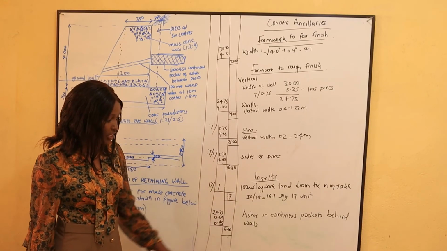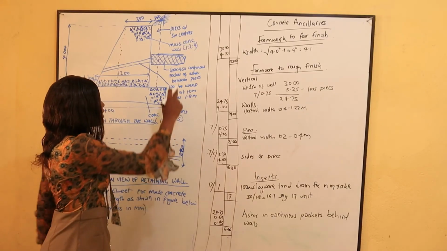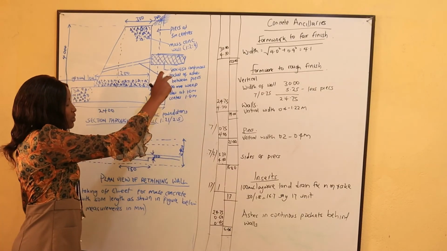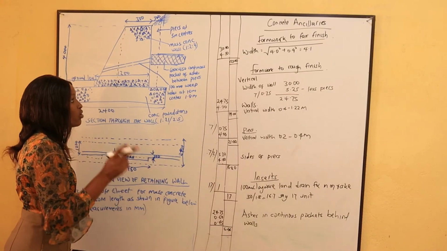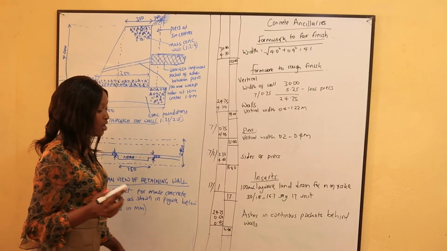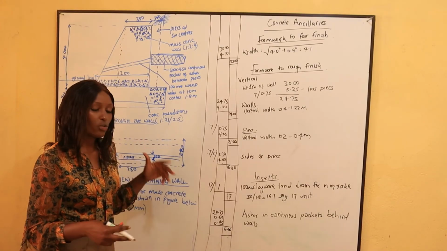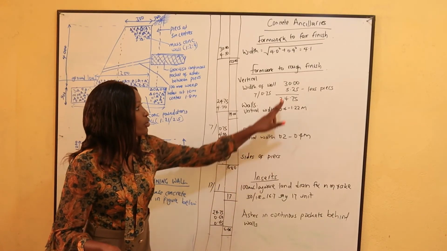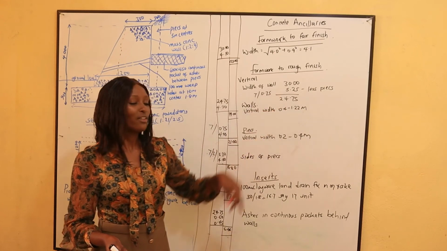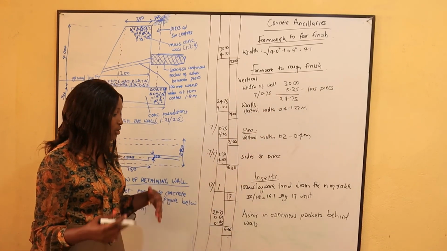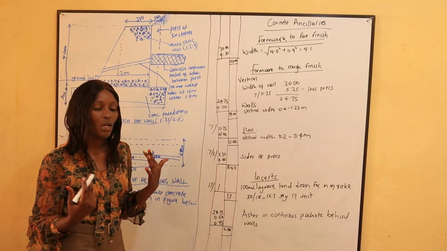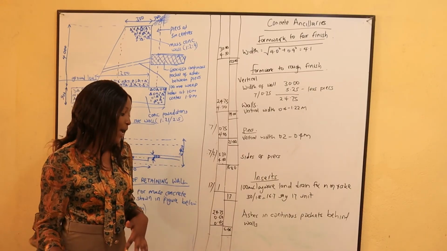Then we shall do the ashes in continuous pockets. It's here. It's 600 times 450 continuous pockets of ashes between piers. So between every pier, we have the ashes. So what is the total length of the ashes? It's just like we took 30 meters, we deduct the length of the piers so that we remain with the length between the piers.